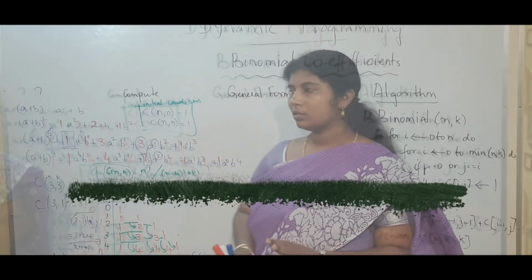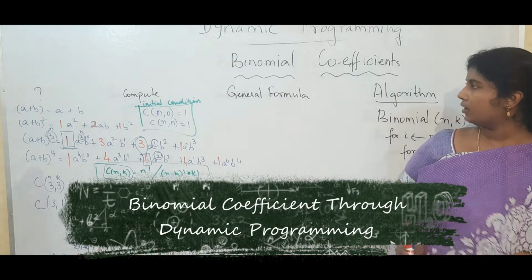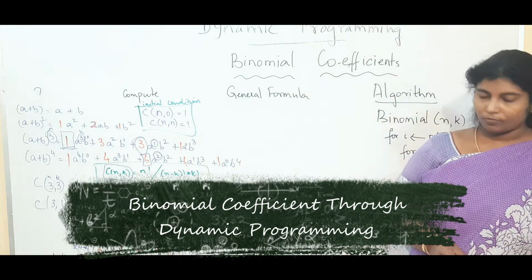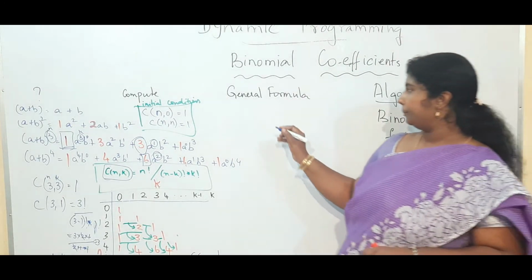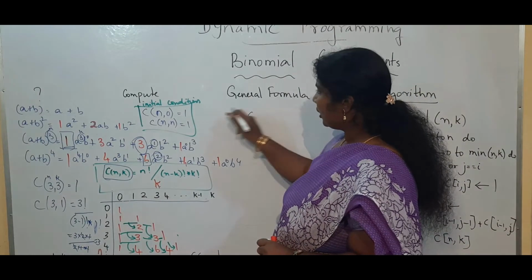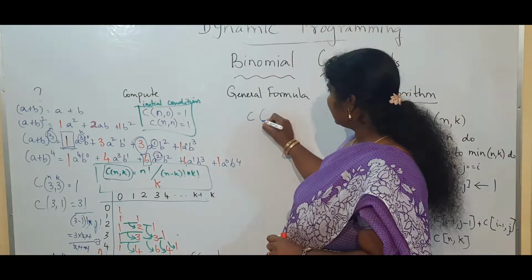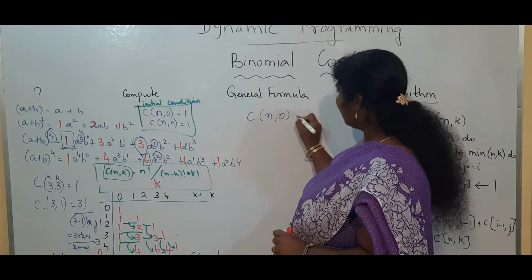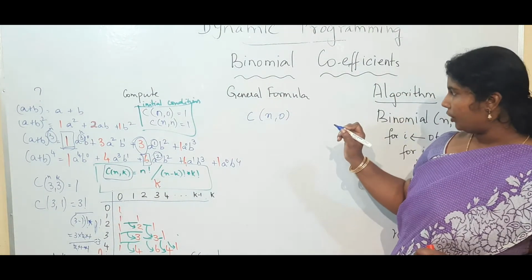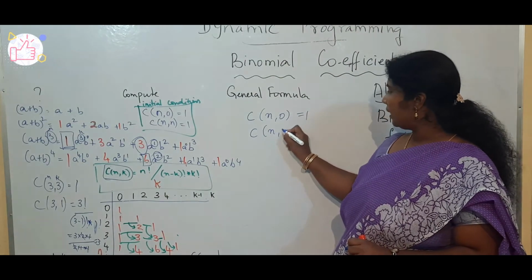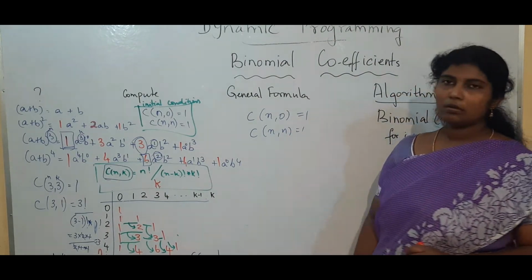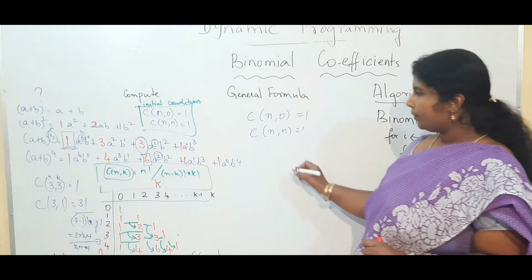Now we will look into the generalized formula of how this is computed. We have an initial condition: C of n comma 0 is 1, and C of n comma n is also 1.